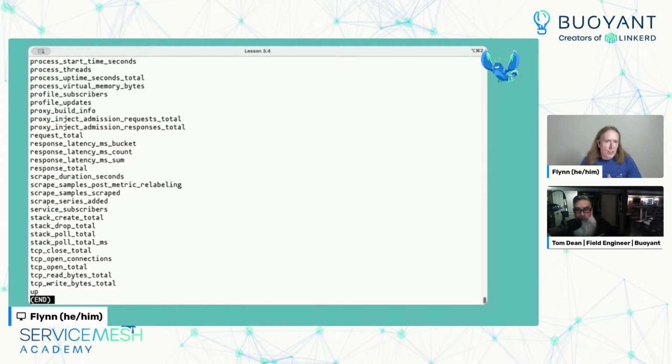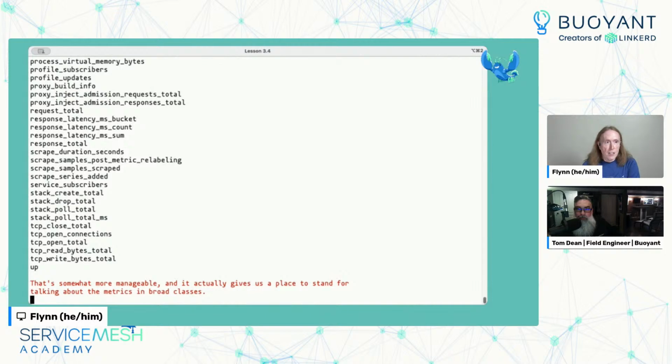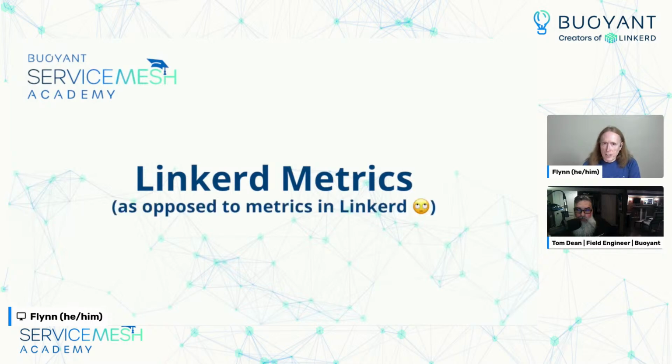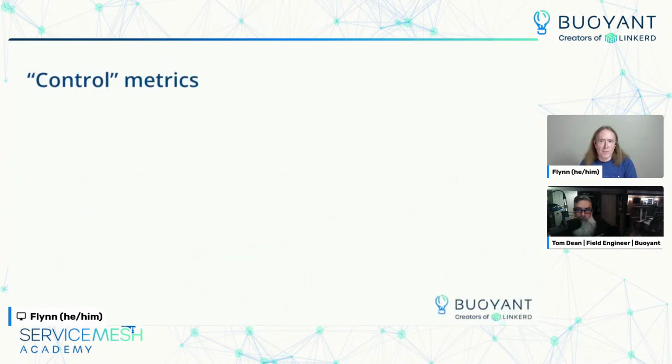That starts to give us a sense of what sorts of metrics are available. And we can see that the names actually group fairly reasonably, which is kind of nice, because that gives us a place to stand to start talking about Linkerd's metrics as opposed to metrics in Linkerd. The actual metrics that Linkerd provides that you can start to work with and do things with.